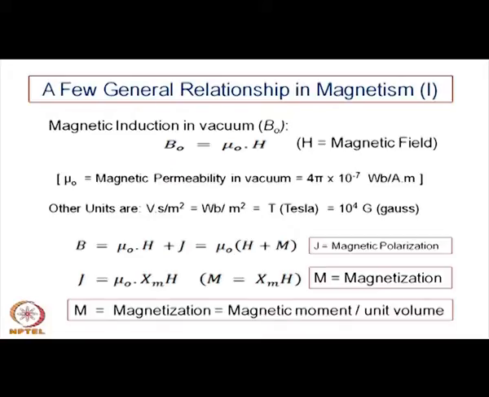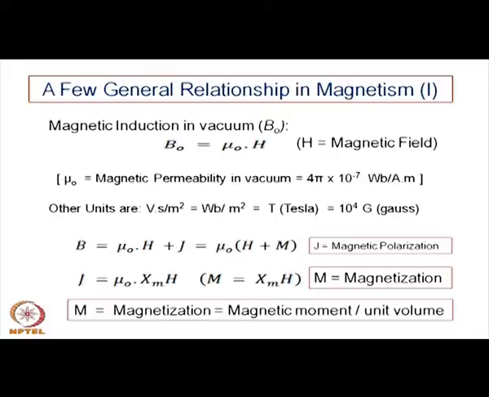So, magnetic induction is basically dependent on the magnetic field we apply, particularly when the environment is vacuum. We can write an equation B0 equal to mu 0 multiplied by H, where H is the magnetic field and B0 is the result of that.